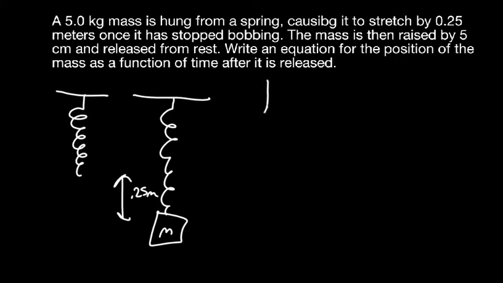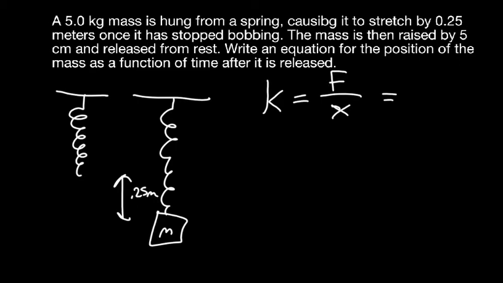The idea there is that k, the spring constant, is equal to the force divided by the distance stretched, x. And in this case, the force applied is the force of gravity from that 5.0 kilogram mass.